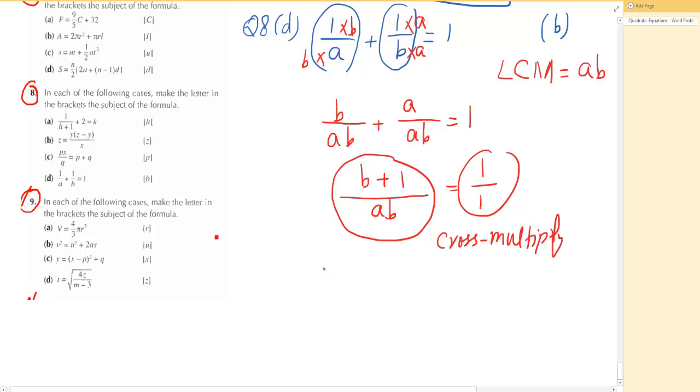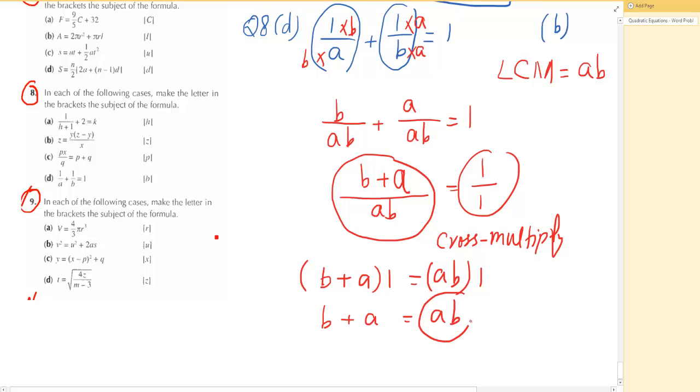So it is A here, sorry, this is A. B plus A multiplied by 1 and AB multiplied by 1. So we have to make B the subject. B is over here, so I will bring this B over here.